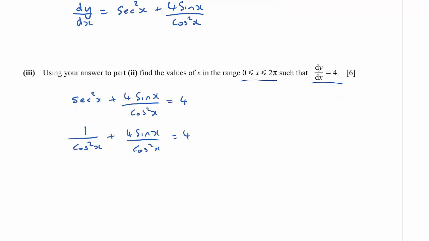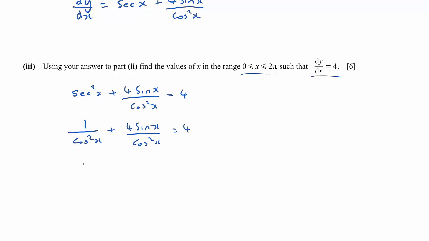So let's maybe multiply through by cos squared x, and then we'll have 1 plus 4 sine x is 4 cos squared x. Now I think we can get a quadratic out of that if we remember that sine squared plus cos squared is always 1. And therefore cos squared can be written as 1 minus sine squared.